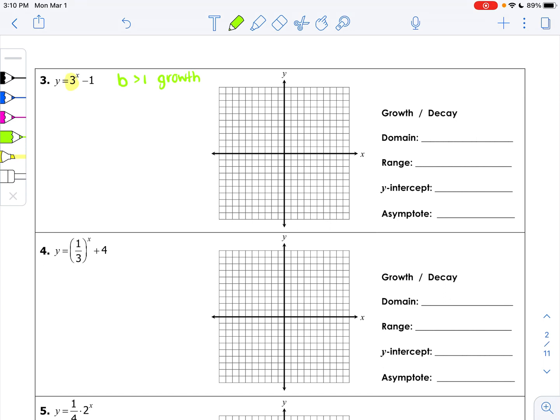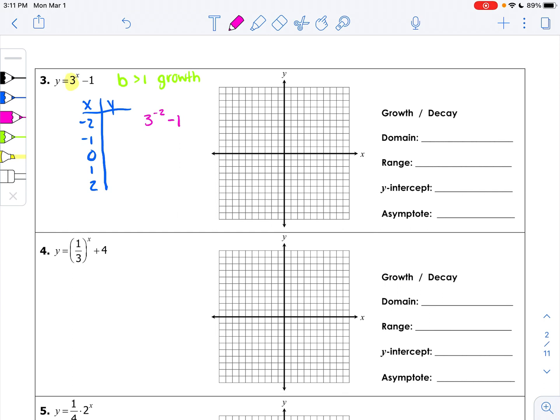And we're going to make a table of values to help us graph it. And we're going to use the numbers -2, -1, 0, 1, and 2. So putting into our calculator, this one's a little bit more complex. 3 to the -2 minus 1.